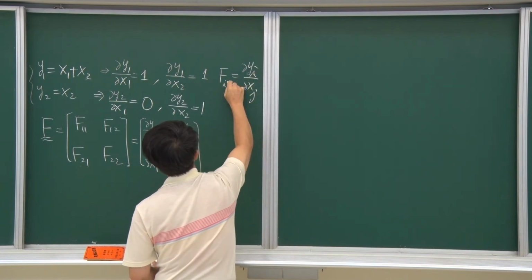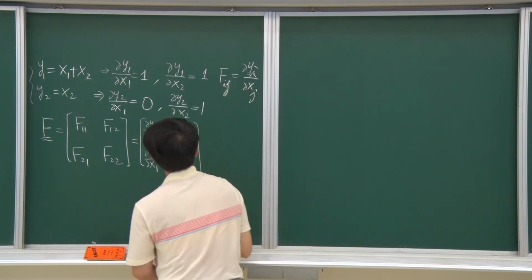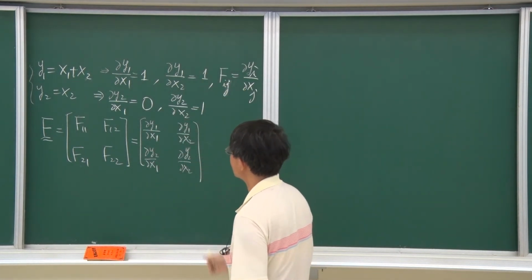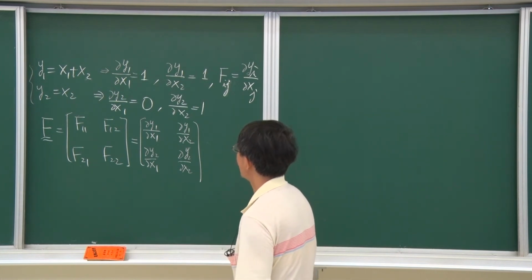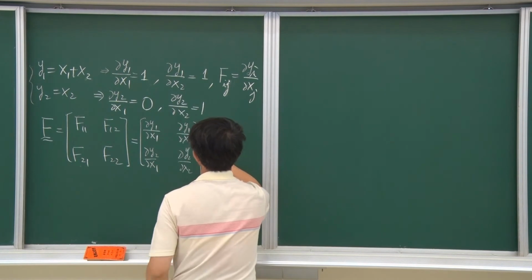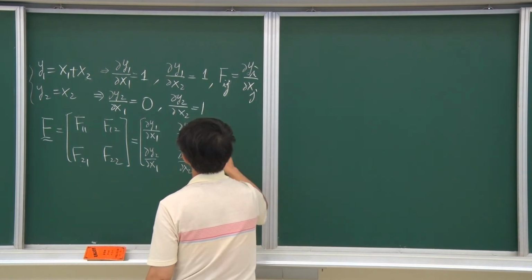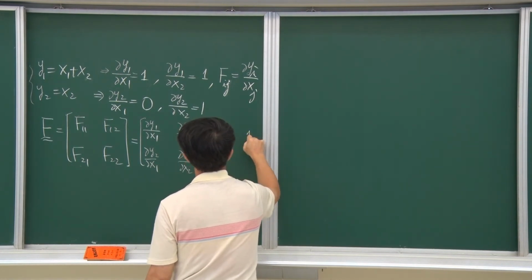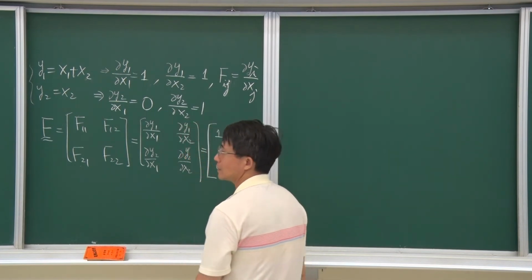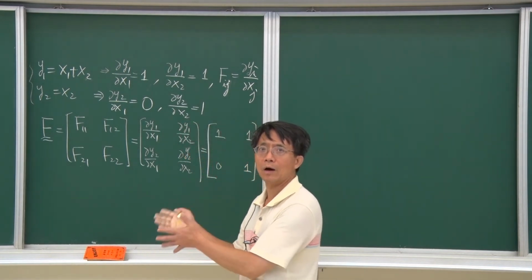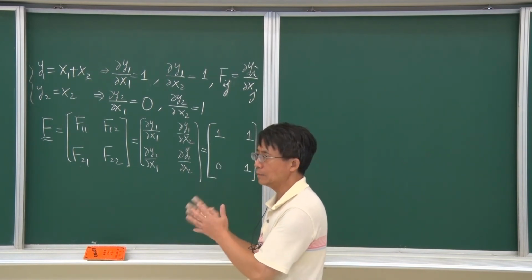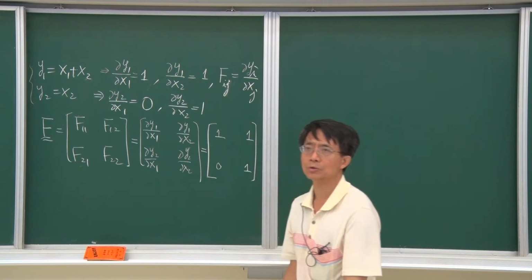Okay, we can use this expression to represent this relation. Go ahead, we put all these values inside. Okay, this is the deformation gradient of this simple shear motion.